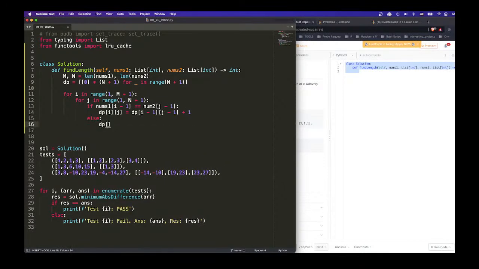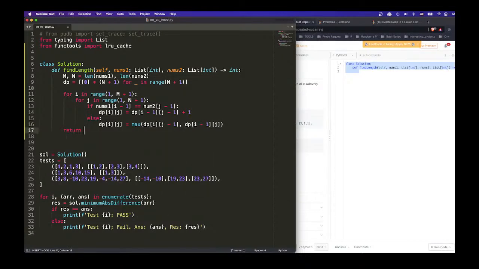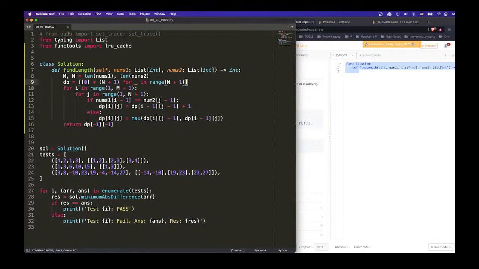Else dp i j shall equal the maximum of dp i, j minus 1 or dp i minus 1, j. Once we're done, we'll return dp minus 1 minus 1. Okay, let's try this.